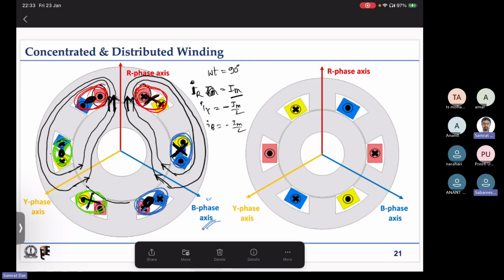Because I am thinking it will not work even under no load. The hypothetical one? Yes, the hypothetical one. It will work. Even under no load it will work.